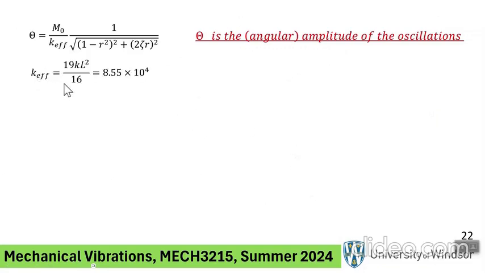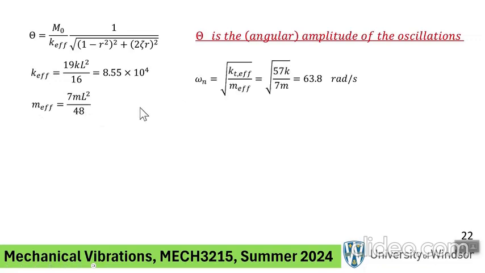And just plug in the values. M effective is this. And of course, omega n is going to be, just plug in these values. This was all given to you. And there we are. This is the natural frequency.